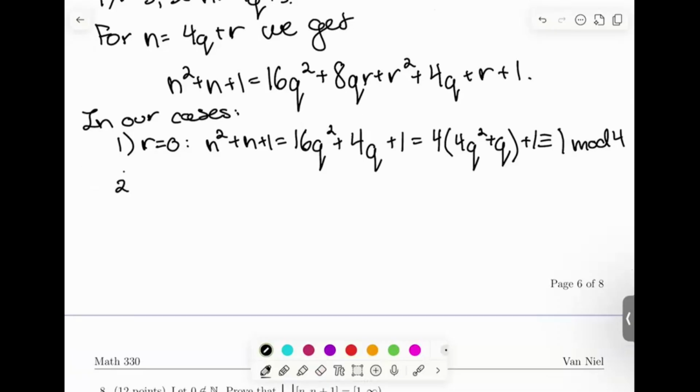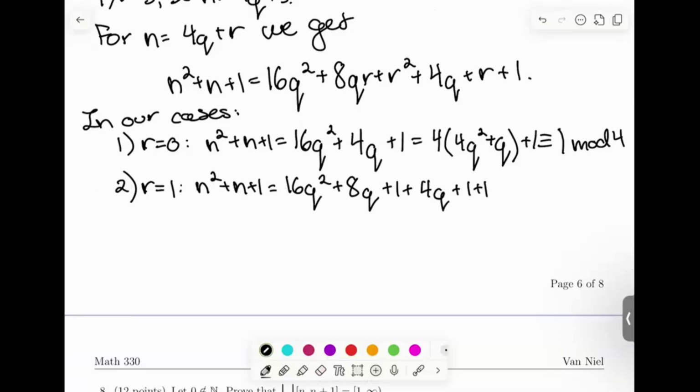Okay, for case 2, r is 1. So I get 16q squared plus 8q plus 1 plus 4q plus 1 plus 1. So that is equivalent to 3 mod 4, right?